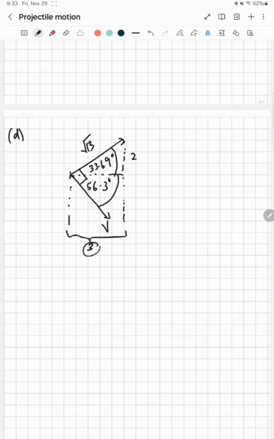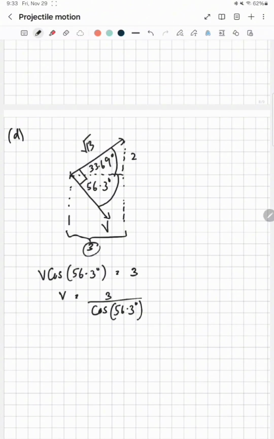So you can write V cos 56.3 equals 3. Then V equals 3 over cos 56.3.